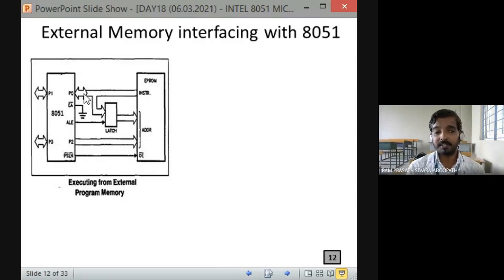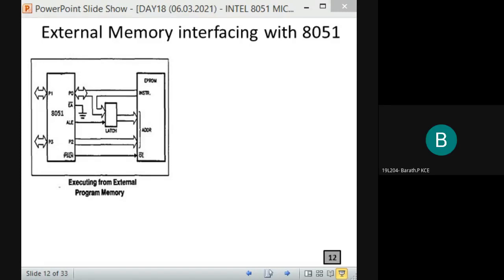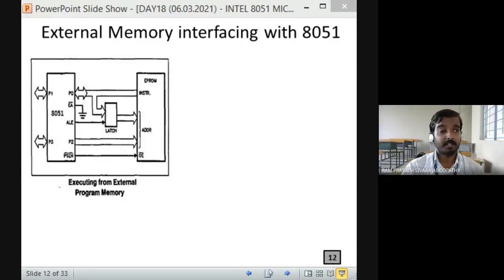To demultiplex this, which signal do we have to use? Can you type it in the chat? Which signal do we have to use to demultiplex the multiplexed address data bus? Yes, ALE. So here we have the ALE signal, ALE slash PROG bar. For interfacing the external memory, this signal is used as ALE.